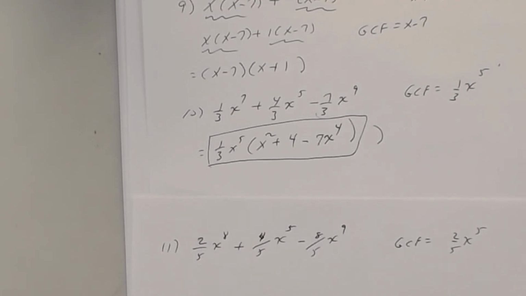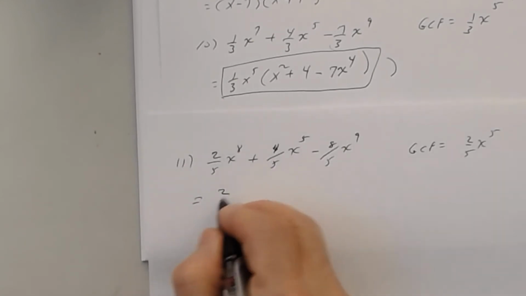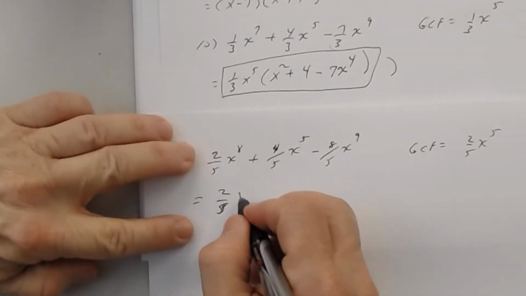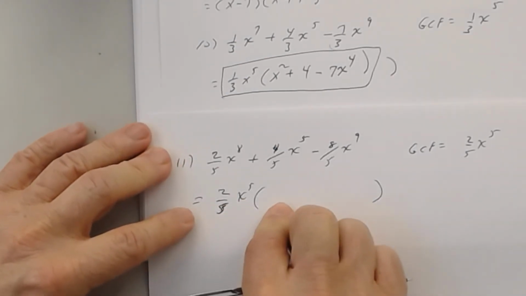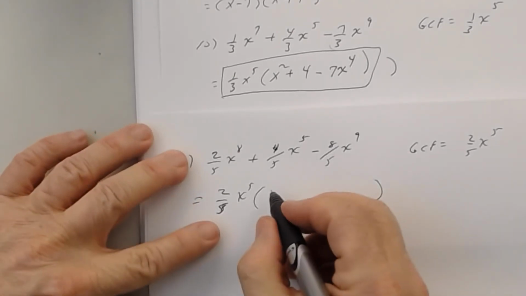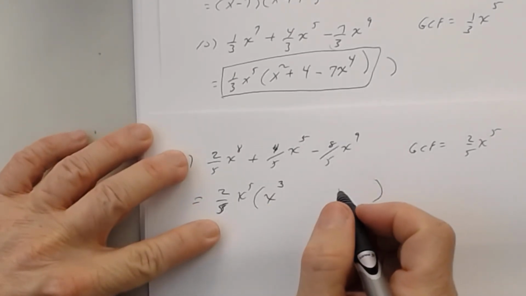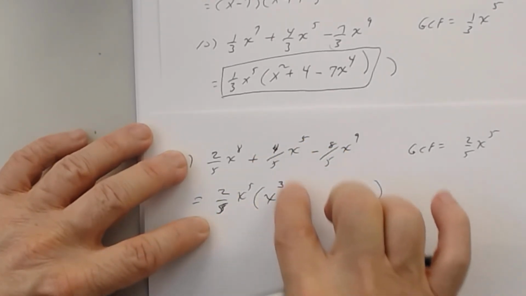All right. Number 11. What do you think the answer to number 11 will be? It'll be 2/5 x to the 5th times, all right, 2/5 x to the 5th times what is 2/5 x to the 8th? X cubed, right? Okay. Plus 2/5 times what is 4/5?